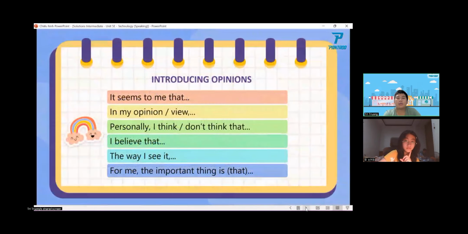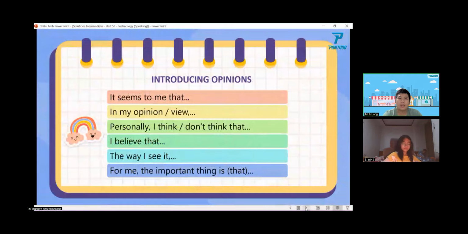And introducing opinion. There are some phrases. The first one, it seems to me that. For example, you can say, it seems to me that in the first picture, the students are less excited about the lesson.